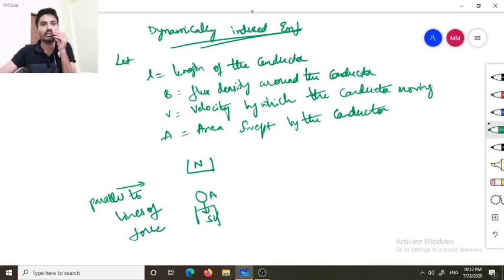Why is the EMF value 0? Because there is no rate of change of flux linkage. Before going to this, the distance moved by the conductor is dx. Dx is the distance moved by the conductor.